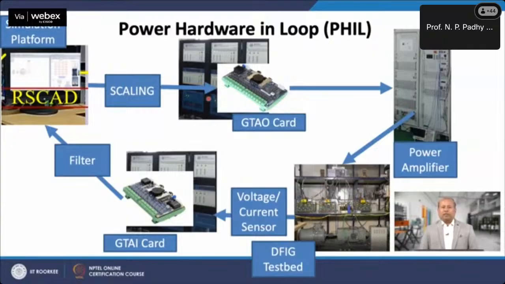Power is exchanged between the RTDS and the external device via a power amplifier in the PHIL.